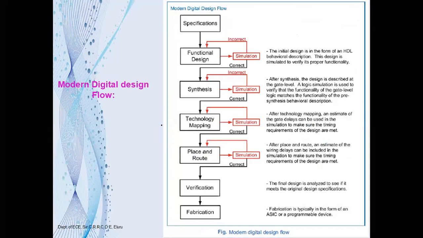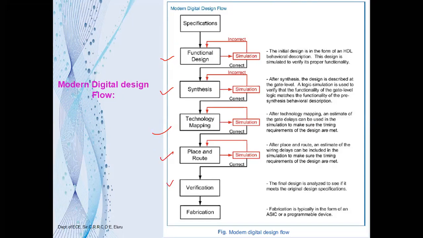The difference between the classical and the modern digital systems is that in modern digital systems we will use CAD tools, which are hardware description languages, at every level of the process.